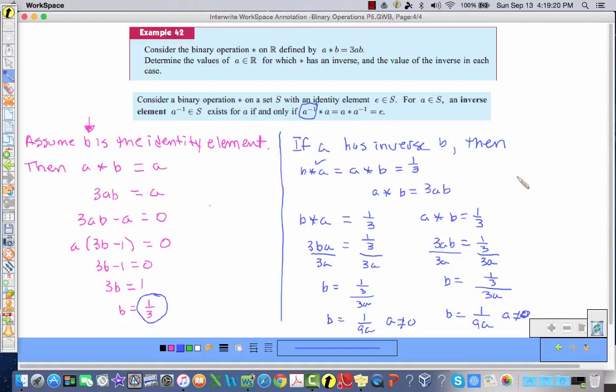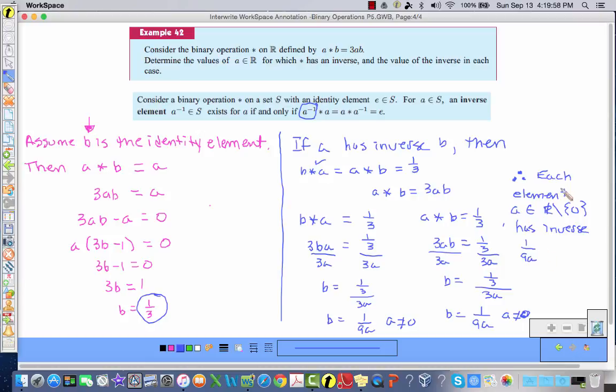And so we can conclude, and I'll do that up here, that each element A of the set of real numbers, not including 0, has the inverse 1/(9A). That is our inverse.